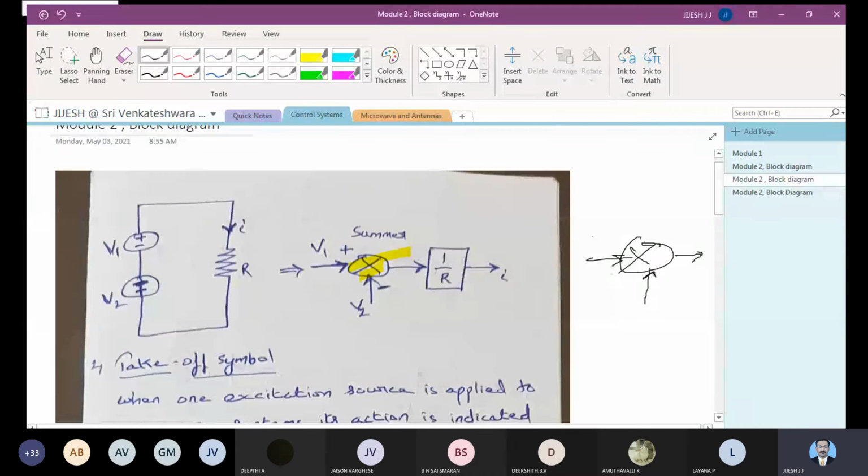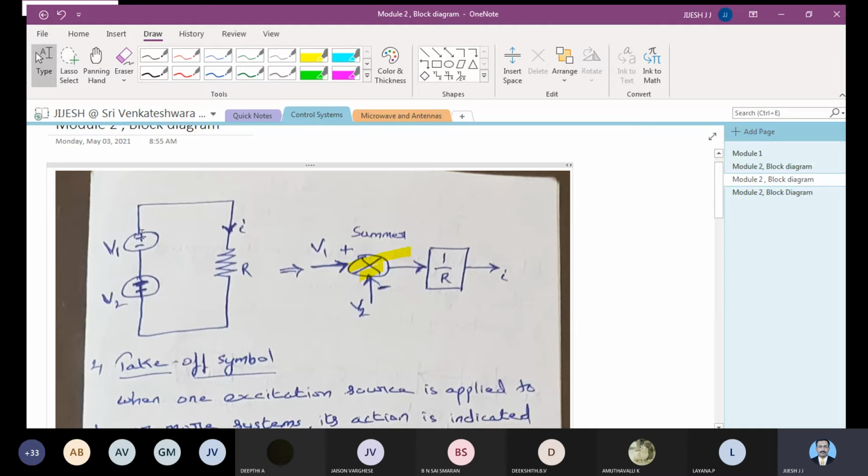Now we are going to go with this circuit. What all things are there? There are two sources, V1 and V2. One is connected to plus, and a resistor is connected here. So plus, minus, minus, plus is there. You are going to see how you can make the equivalent circuit in the form of a diagram.